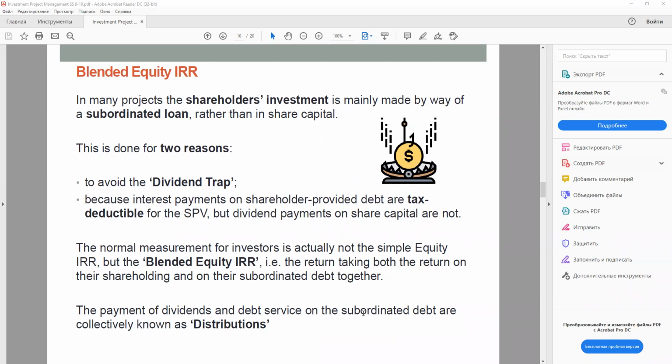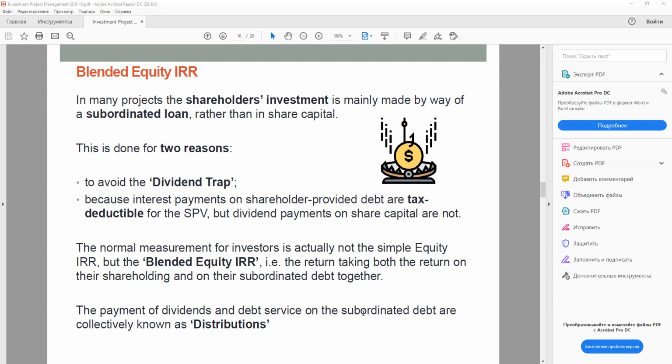That is a return taking both the return on their shareholdings and on their subordinated debt together. If the structure is used, typically in the early years of the project, the investors receive their return mainly by way of debt service on subordinated debt, and only in the later years of the project are substantial dividends paid.